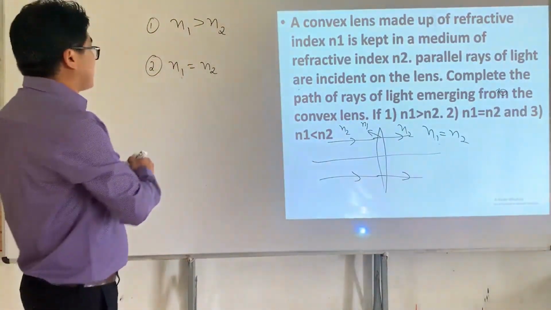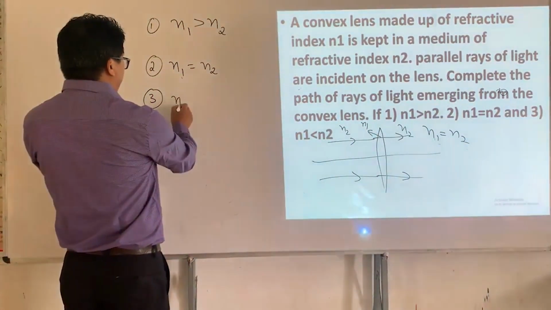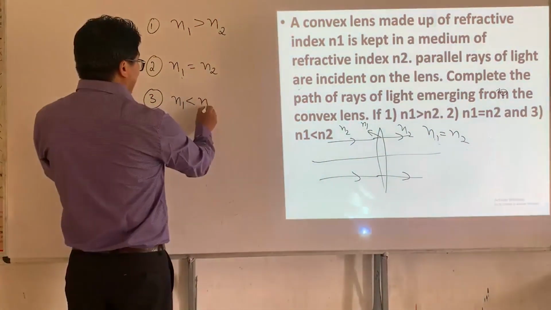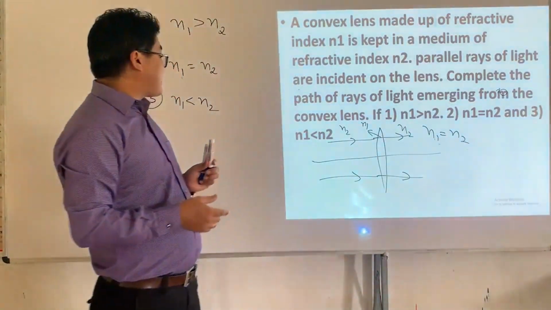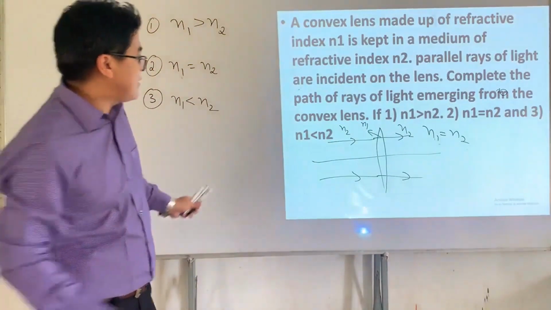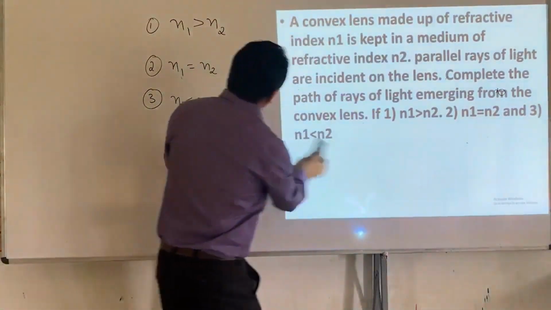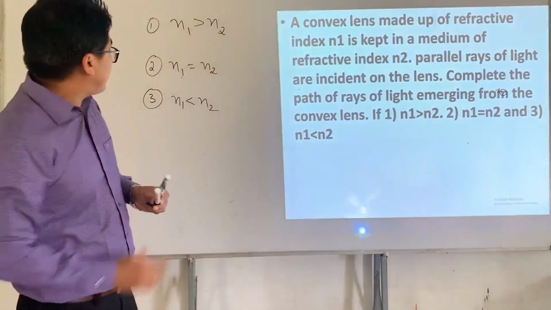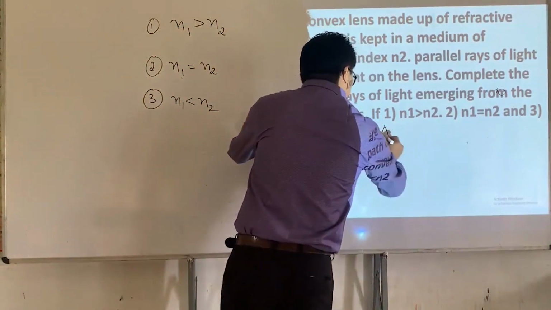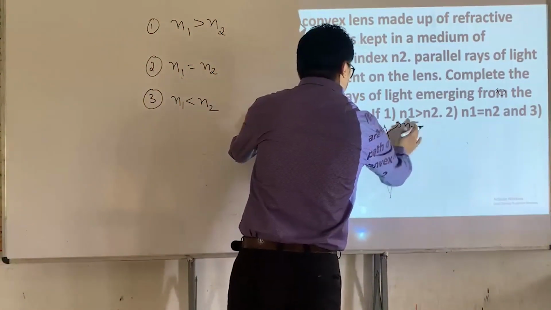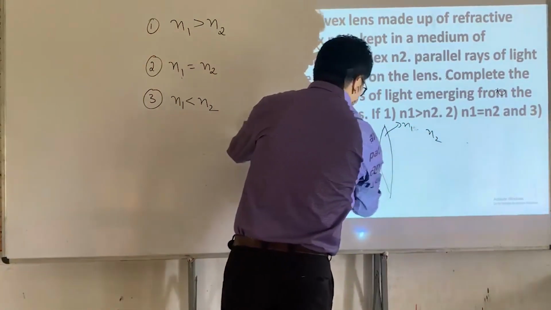And the third case tells you, what about if N1 is less than N2? N1 is less than N2, then you have just the opposite of the first case. The first case is converging, then the third case is going to be diverging. Look at here. This is N2, N1, I'm sorry, N2, N2.